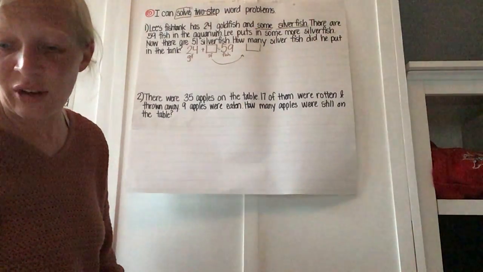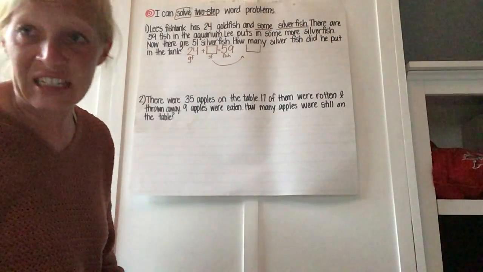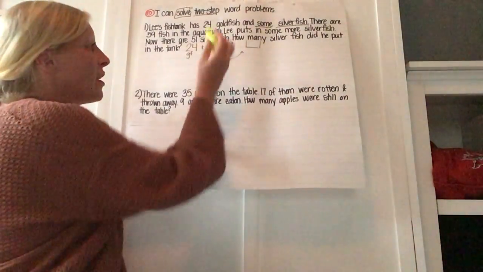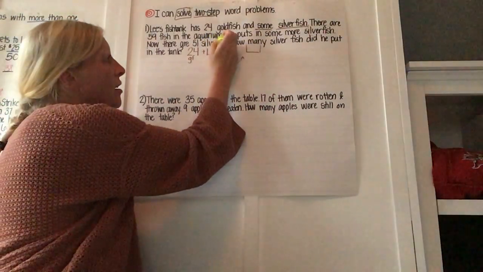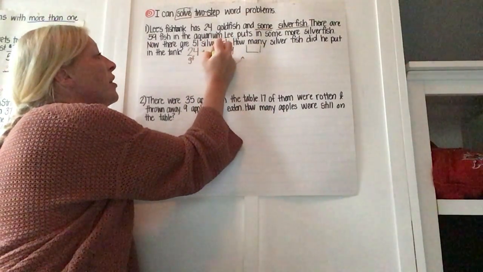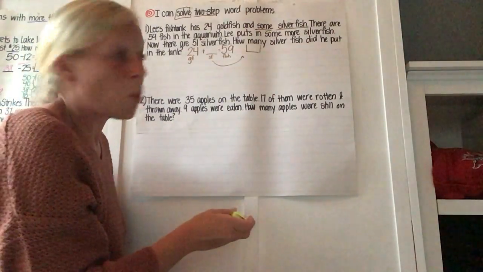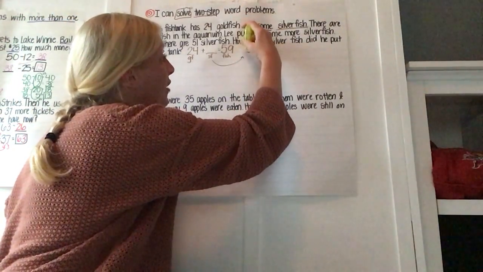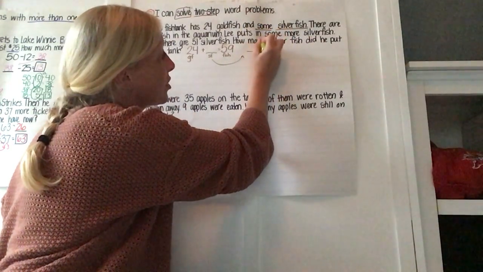What are we having to figure out when we solve this, friends? Yes, we're not solving for how many silverfish were there at the beginning, are we? No. We are having to figure out how many more he put in. We don't know that. So we have to figure out the first one before we can solve the next one.